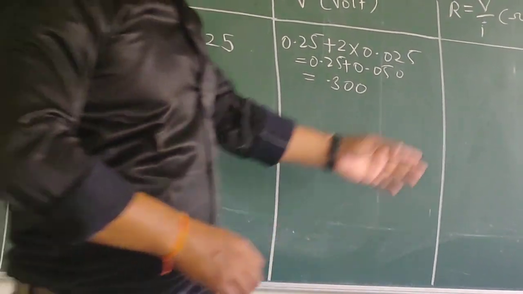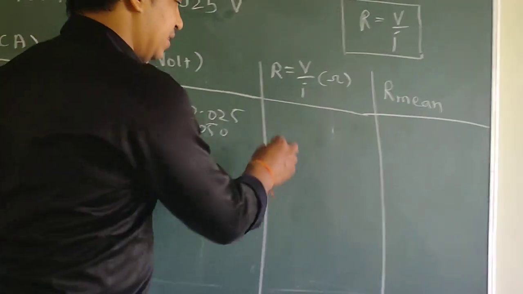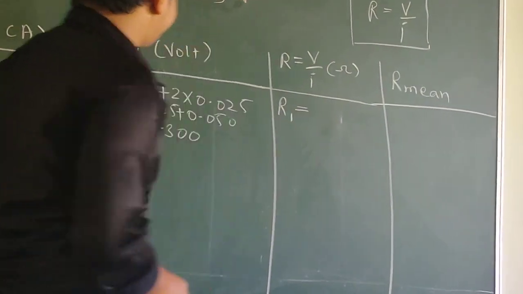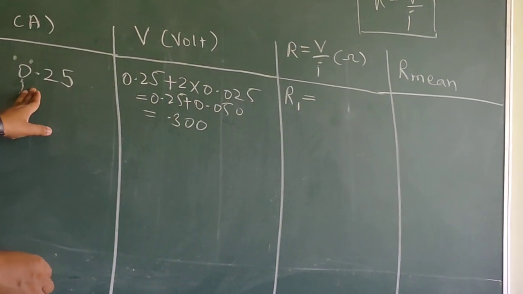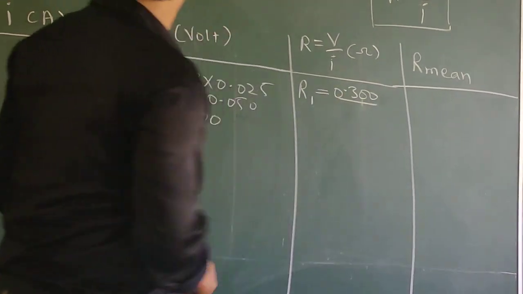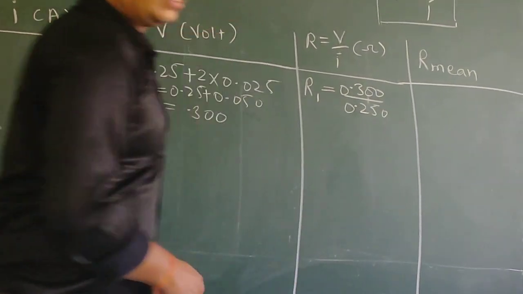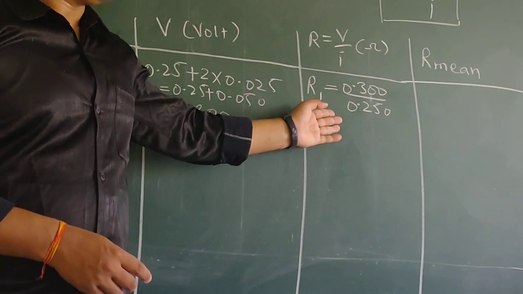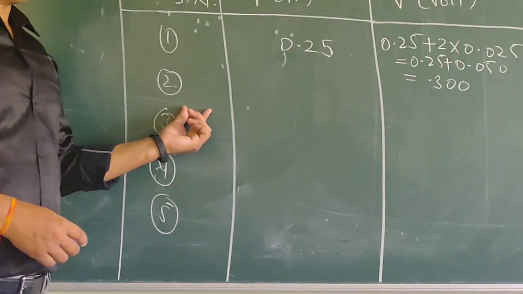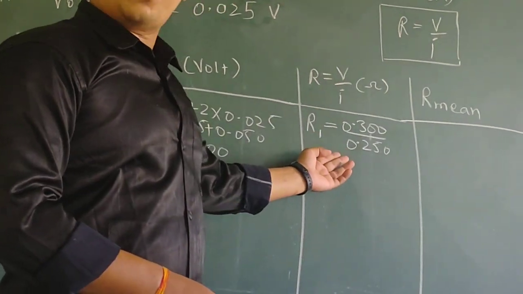Okay, so after taking this value you can calculate the value of resistance, which is roughly equal to 1 point something.